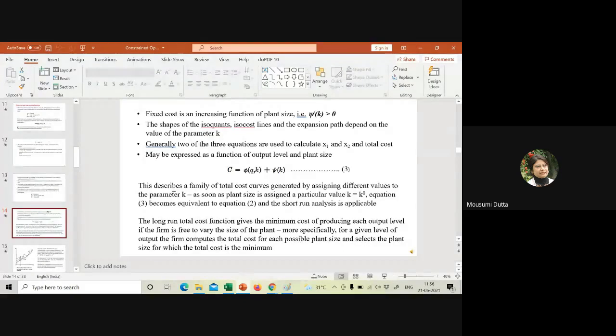So when your scale is lesser, a particular plant size will be optimum for you. If your scale, that is output, is very high, you need another size of plant. If you like to produce a huge amount using a smaller plant size, cost will increase.